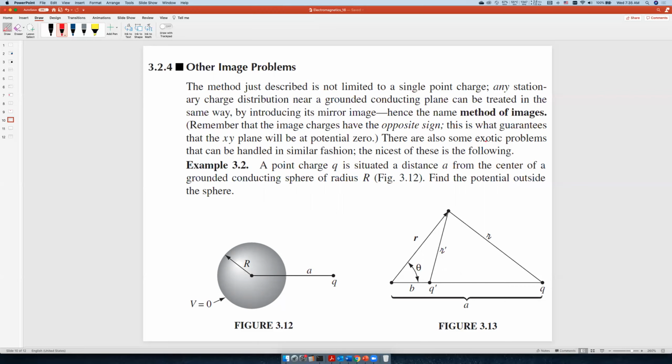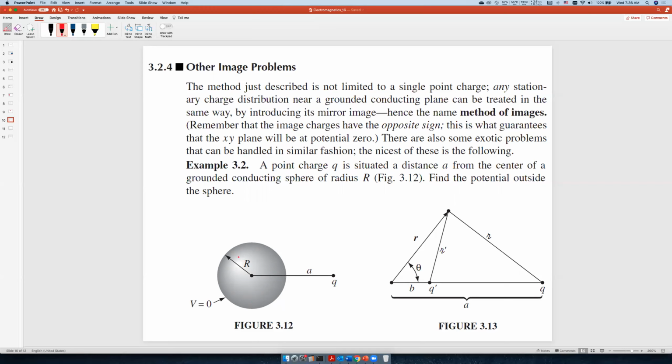There are also some exotic problems that can be handled in similar fashion, and the nicest of these is the following. Now let's see another different situation. A point charge Q is situated a distance a from the center of a grounded conducting sphere of radius R, which is shown here.